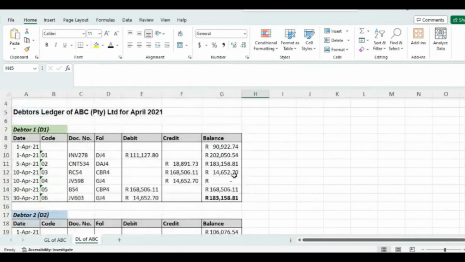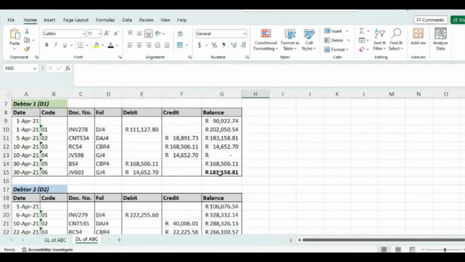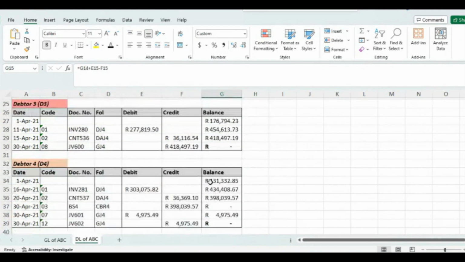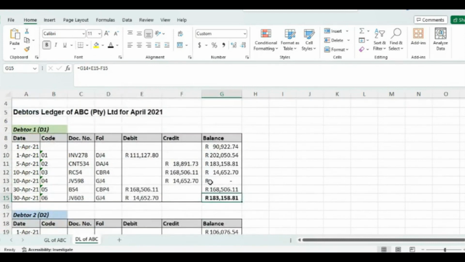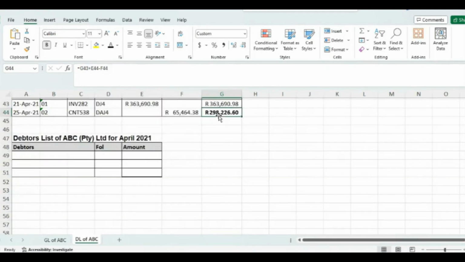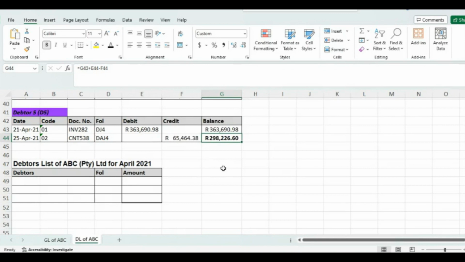What I'm expecting on the new debtors list is that there will only be 2 debtors, and these debtors will be debtor 1, who owes us 183,158, and debtor 5 that owes us 298,226. And so we go and we compile our new debtors list, now only reflecting the amounts that is the balance that is going to be carried over to the next month.